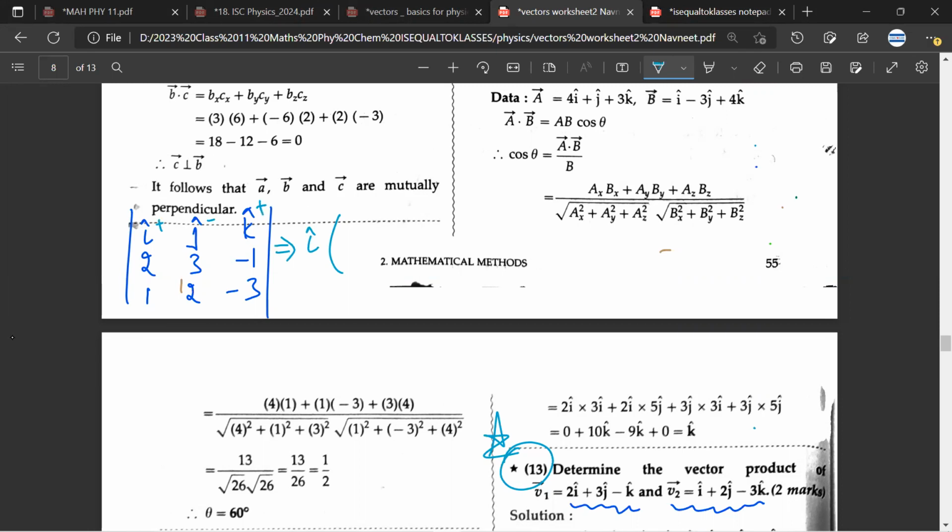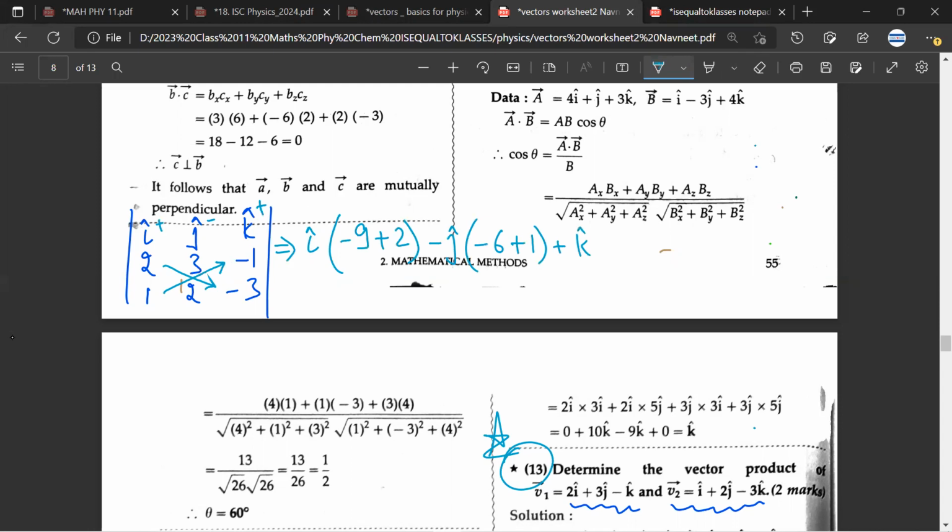So i into minus 9 plus 2, minus j: 2 into minus 3 is minus 6, and 1 into minus 1 is minus 1, but I'll have to take it as plus 1.